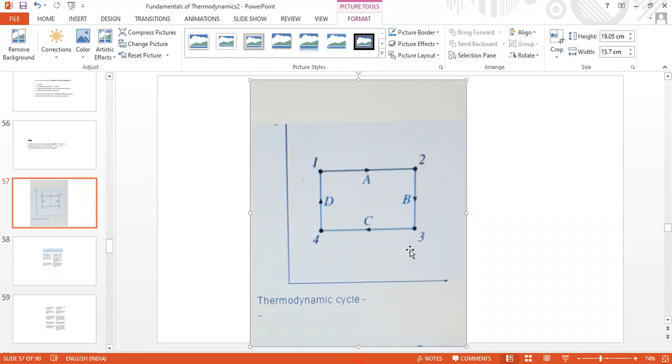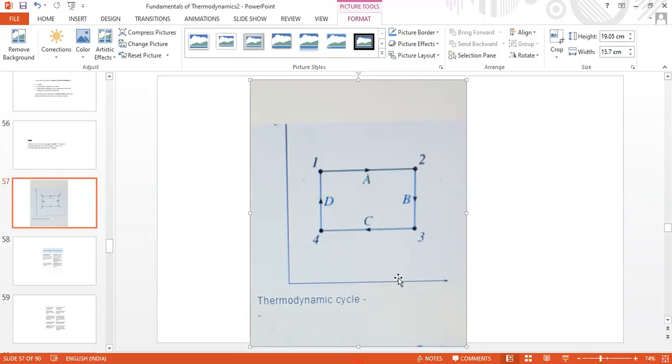Therefore, because the volume remains the same, integral PdV on the process 2 to 3 is 0. That means there is no work interaction in this process 2 to 3. Similarly, there is no work interaction in the constant volume process 1 to 4 also.